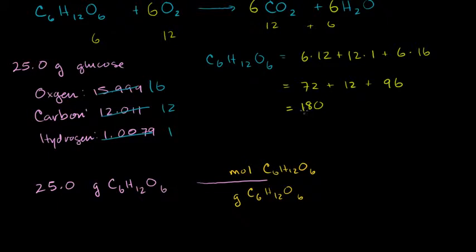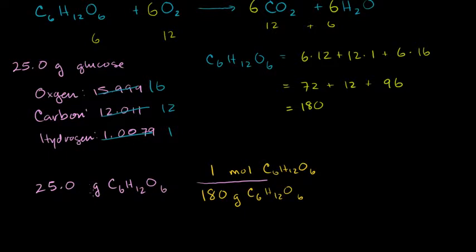Well, we just figured out the atomic weight is 180. If we have Avogadro's number of these molecules, it's going to have a mass of 180 grams per mole. That's the information we got by figuring out glucose's atomic weight. So let's perform this calculation.